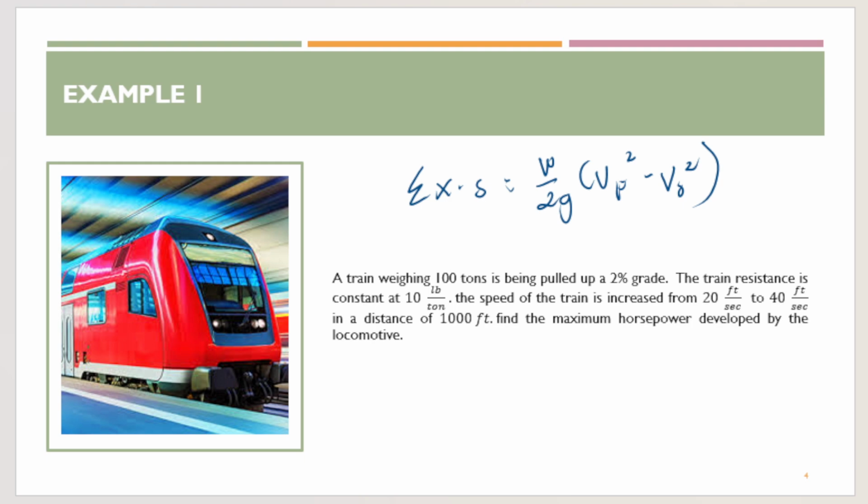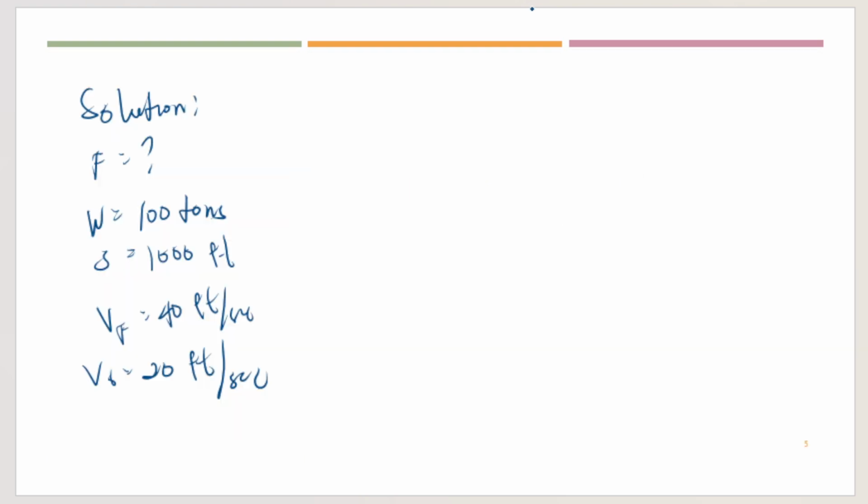To solve, we apply our summation of F times s is equal to W over 2g multiplied by v squared final minus v squared initial.